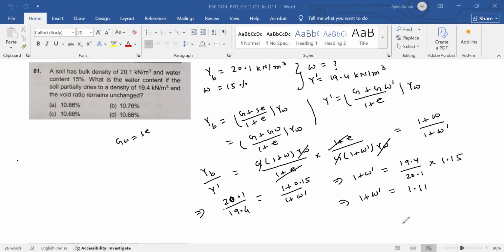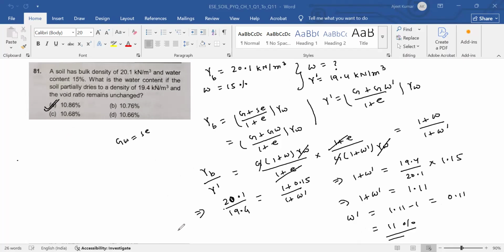Okay, so from here, W prime is equal to 1.11 minus 1, which is 0.11. So this is around 11%. So A is very close to this. Option number 81 will be the answer.